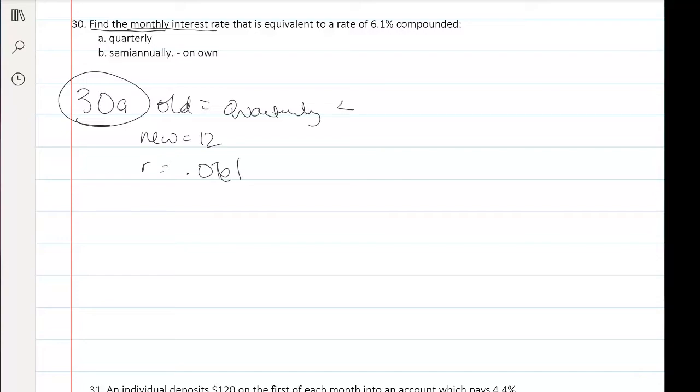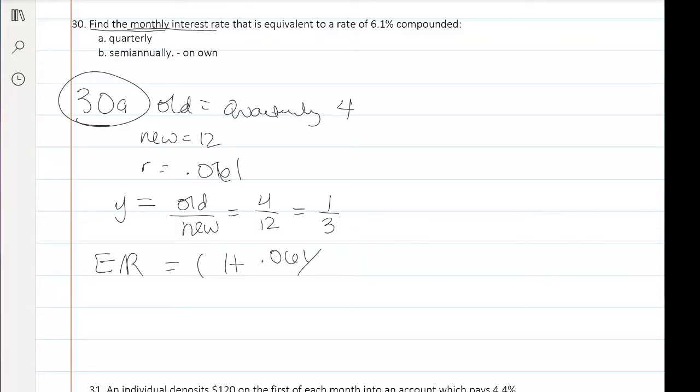Quarterly is 4 times a year, so our exponent, which was old over new, is 4 over 12. You can leave it as that, or you could reduce it to 1 over 3. So our effective interest rate is 1 plus 0.061 over 4, because that's our old, to the 1/3 power, minus 1.